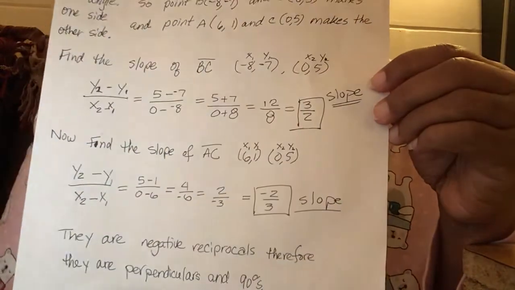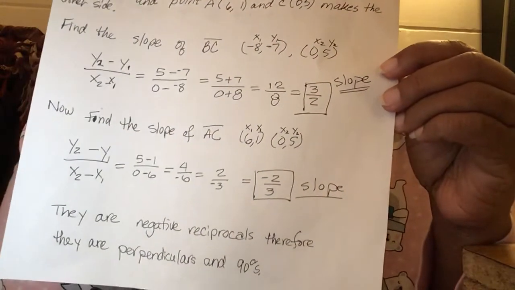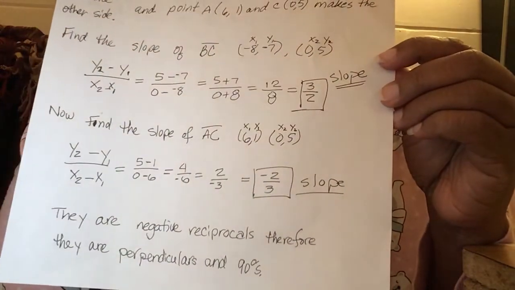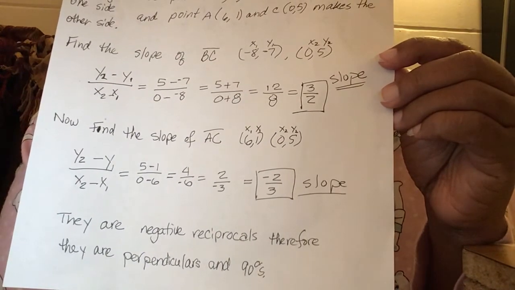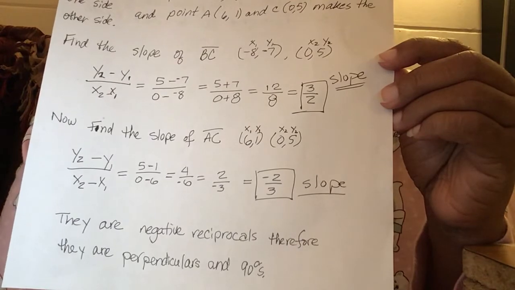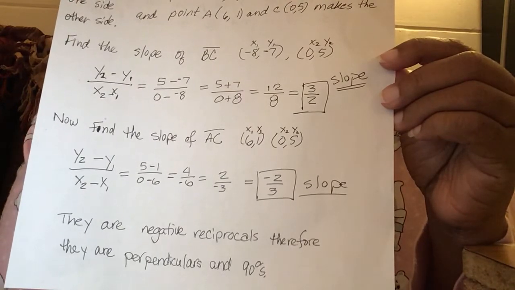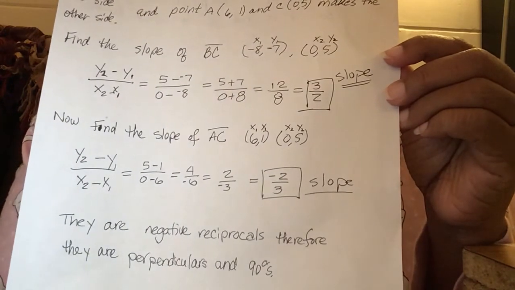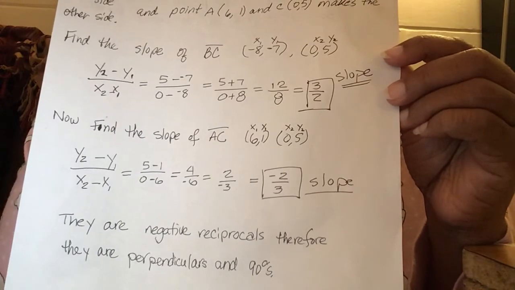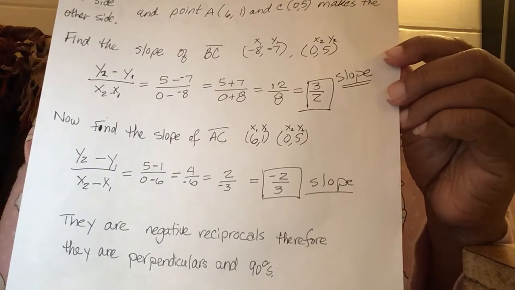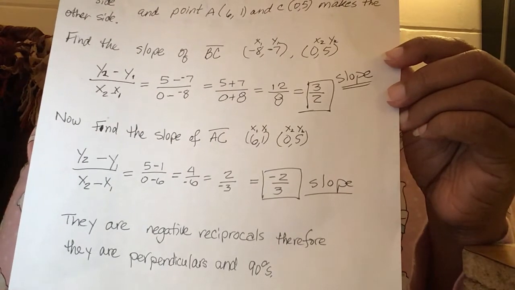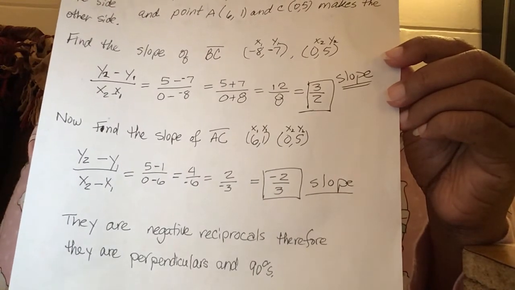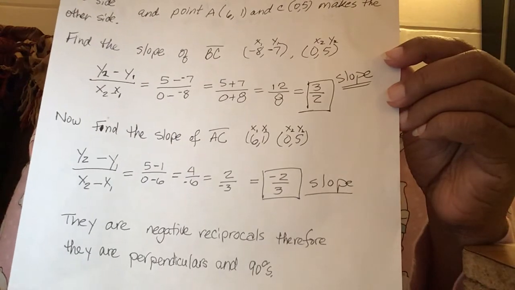Now find the slope of AC. So we've got points 6, 1, and 0, 5. X1, Y1, X2, Y2. So Y2, which is 5, minus Y1, which is 1, over X2, which is 0, minus X1, which is 6.